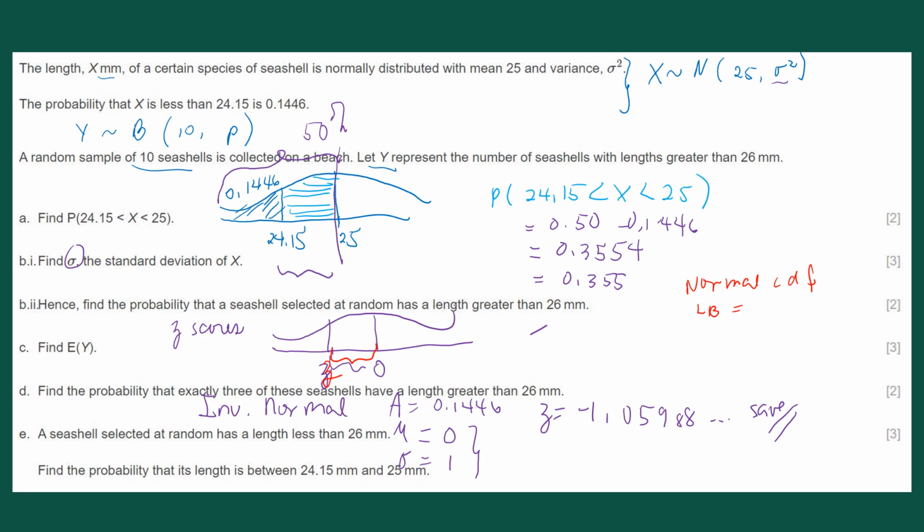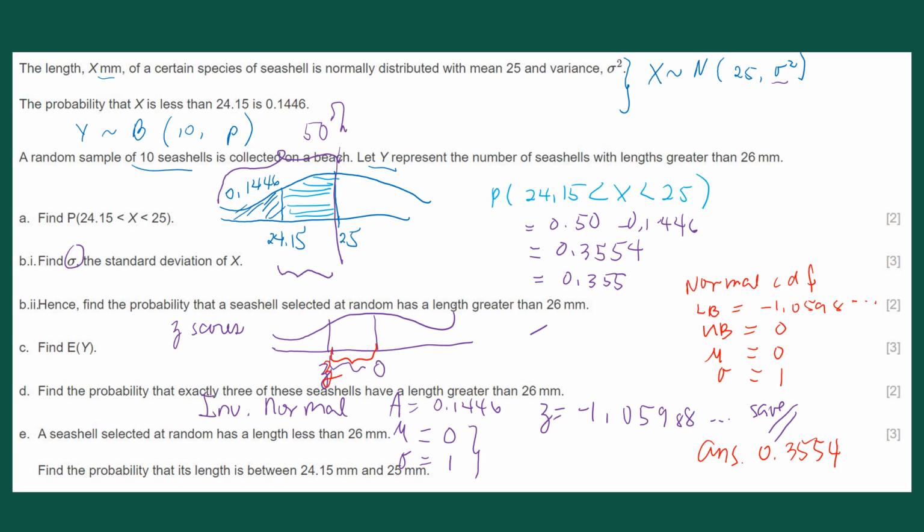So your lower bound is negative 1.0598, etc. And your upper bound is 0, your mean is 0, your standard deviation is 1, you will still be getting an answer which is 0.3554. Okay, so that's it for letter A.